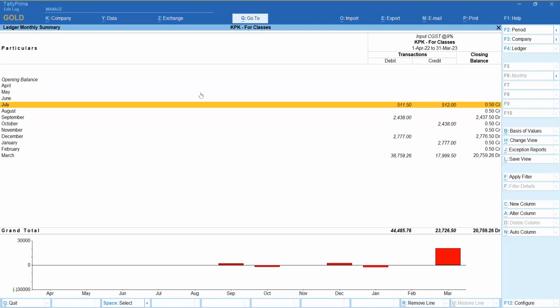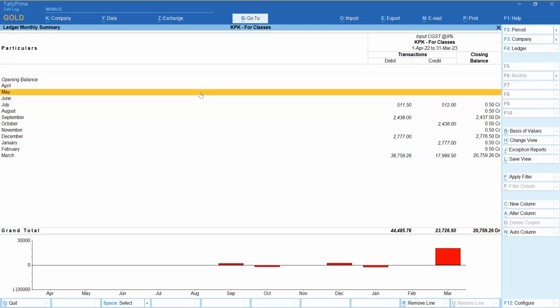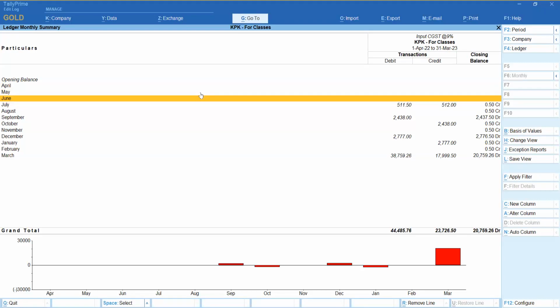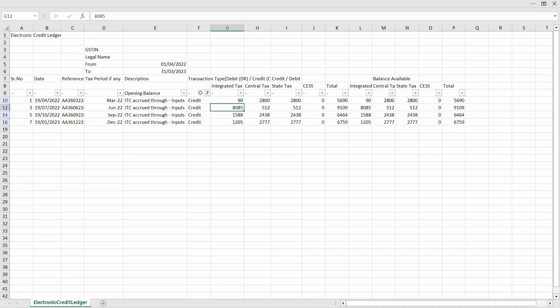If you see in my tally, actually, if I would have done my entries properly, okay, this 512 would have got accumulated during April, May, June, whatever purchases I have made. Okay, so when you see, the June closing balance should have been 512 in actual terms. Okay, now whatever may be the reason, the accountant did not pass the entries properly, I am trying to set the entries. Okay, see, if I am claiming 512 and 8085 as my input credit for the month of June return on 19th July.